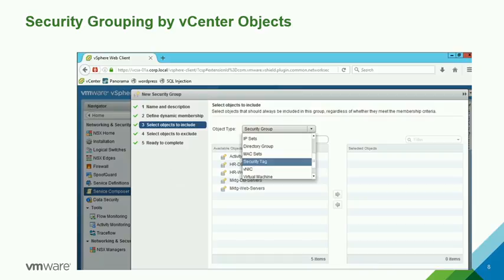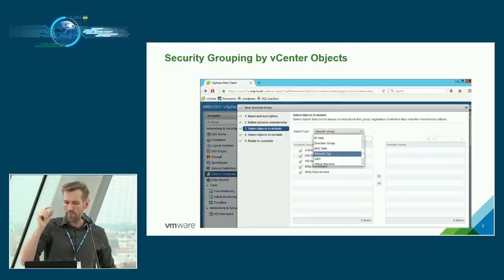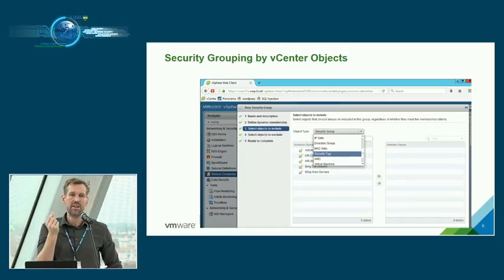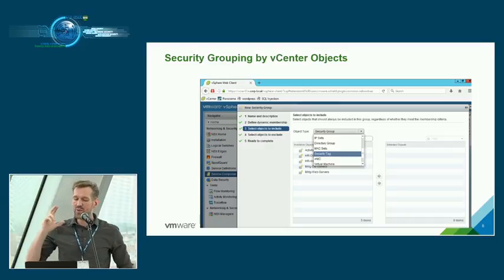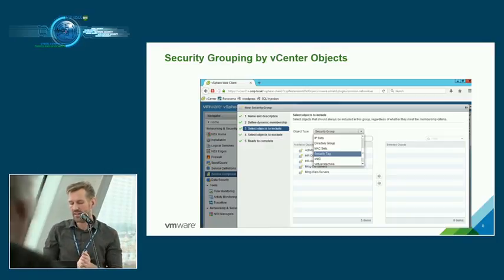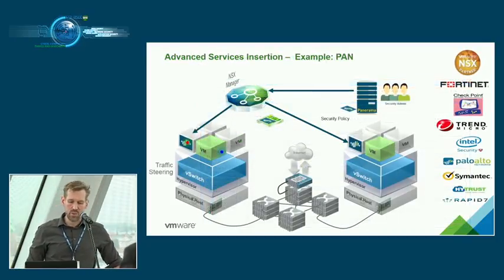Which means that if the VM moves away from one host to the other host, from my data center to my secondary data center to my disaster recovery data center, or even into the public cloud, it's moved there not only with the compute and the payload, it's moved there including its network and its firewalling. So this means that it's incredibly easy to provide access for virtual machines now, since the virtual machines in a sense are carrying their network with them.